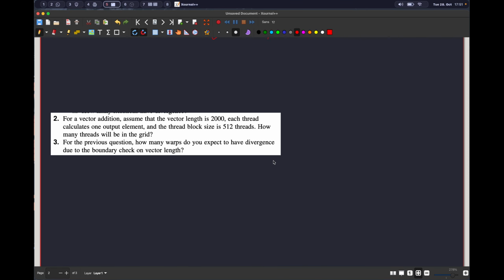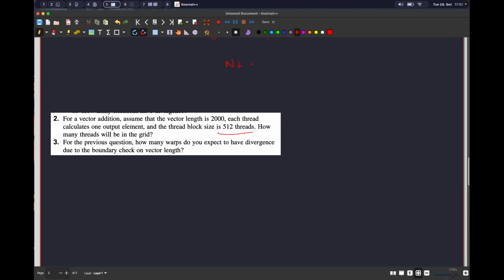Moving on to the second question. For a vector addition, assume that the vector length is 2000. Each thread calculates one output element and the thread block size is 512 threads. How many threads will be in the grid? So how do you calculate the number of blocks required?